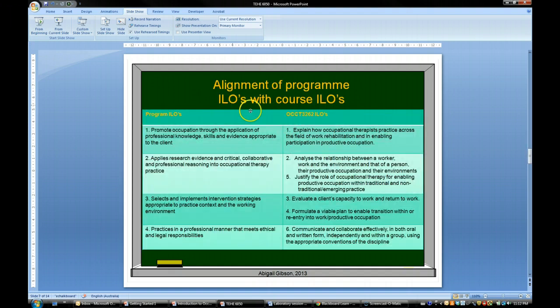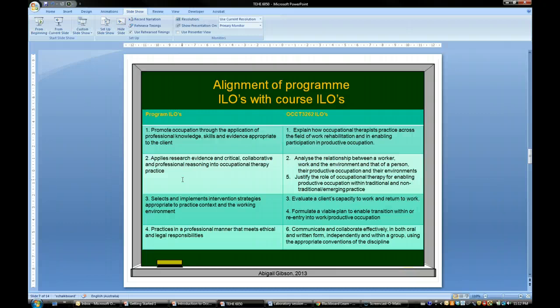So the next element that I wanted to examine was looking at how I have aligned the intended learning outcomes of the program with those of the course itself. So for example, I'll just use an example here. Element number 2 is looking at applying research evidence and critical and collaborative reasoning in occupational therapy practice.